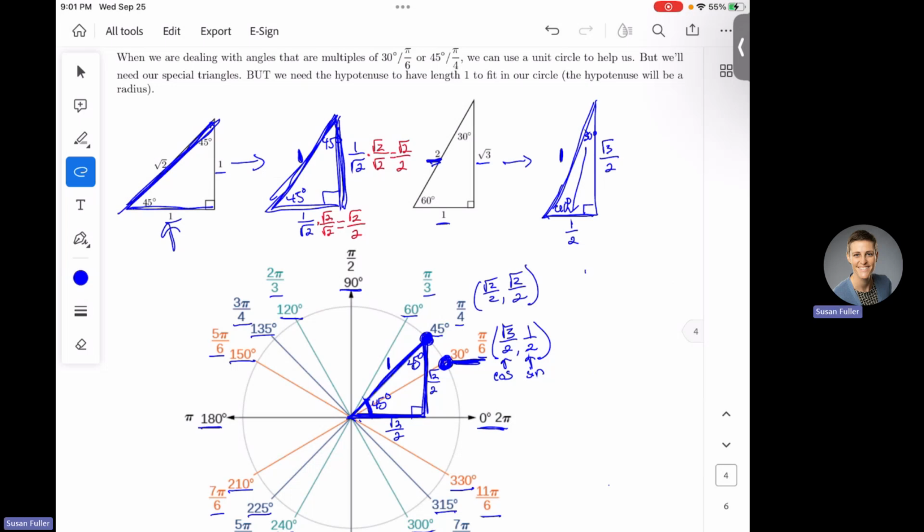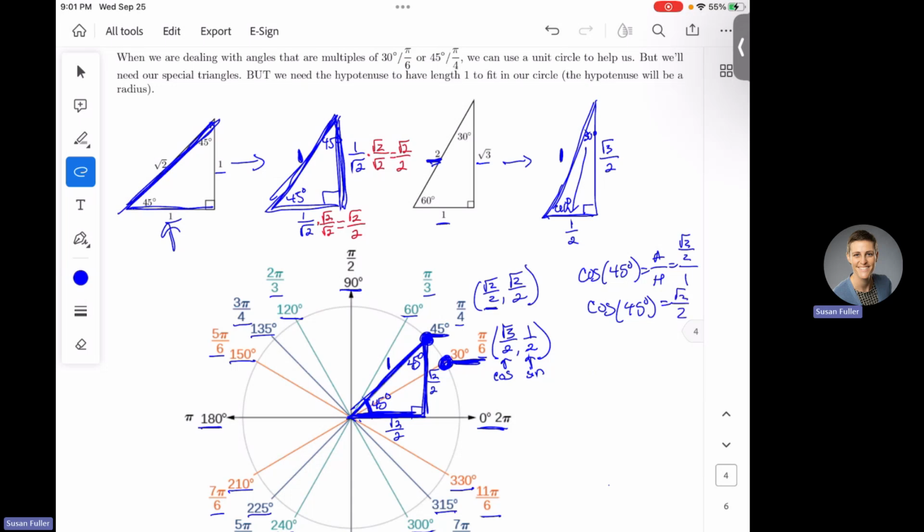And again, notice that the cosine of 45 degrees, this angle, is going to be the adjacent side, which is down here, my square root of 2 over 2, over the hypotenuse of 1. The cosine value is root 2 over 2.